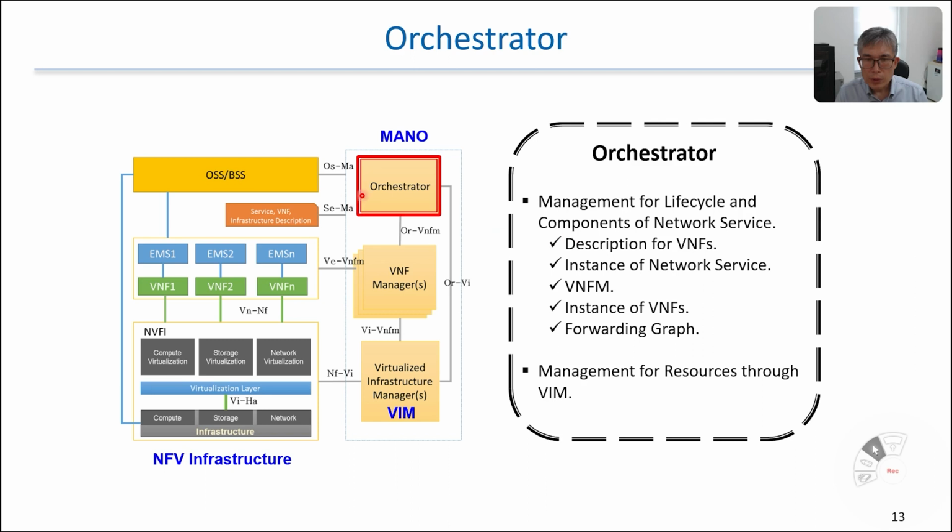Typically MANO is an important component because this is the brain of the NFV framework. The first component, the MANO orchestrator, handles management of the lifecycle and components of a network service, descriptions of NFVs, instances of network services, instances of VNFs, and forwarding graphs. It also performs management of resources through the VIM.